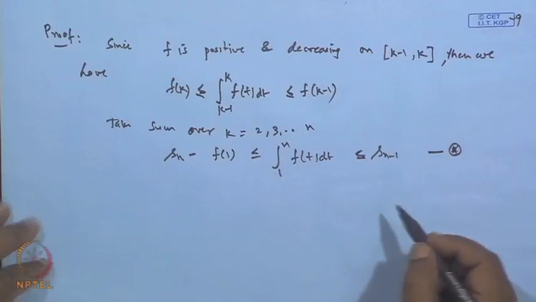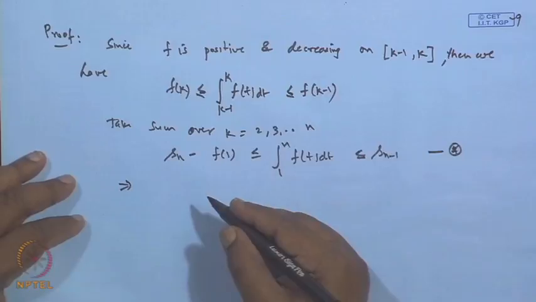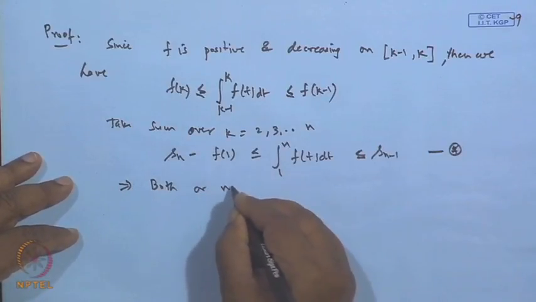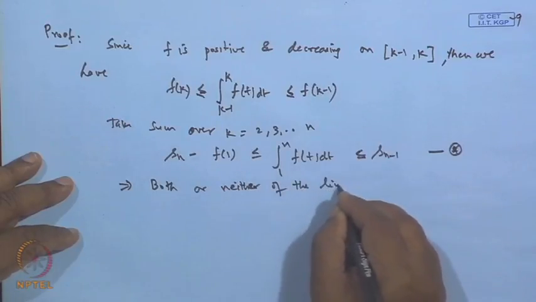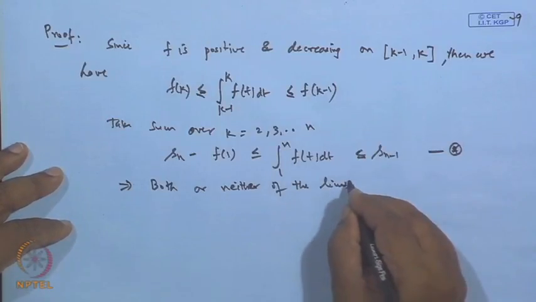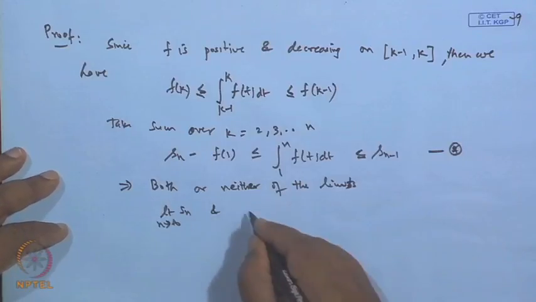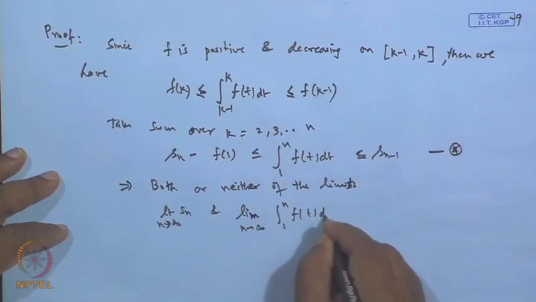So, this shows that both or neither of the limits exist: the limit of S_n as n tends to infinity and the limit as n tends to infinity of the integral from 1 to n of f(t) dt.